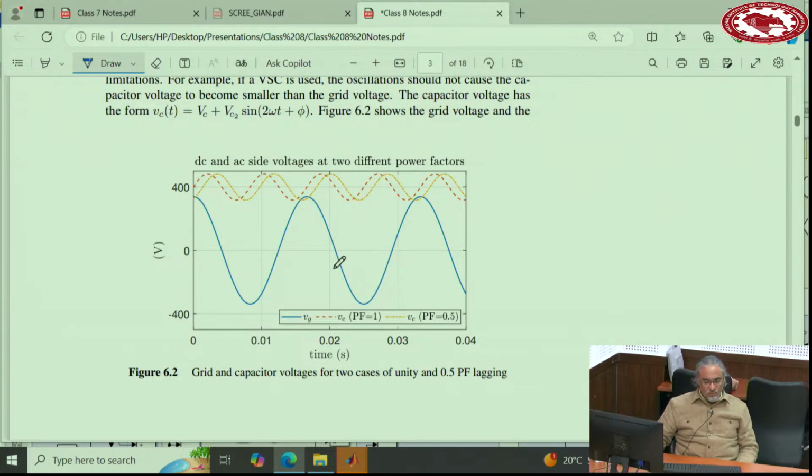Now, one of the requirements, for instance, only looking at the converter, let's say that nobody else cares about this pulsation. Only the converter may care about it, in that this voltage should never become lower than this voltage. Yeah, it's a voltage source converter. So now when you change reactive power, that angle phi starts shifting, without changing the magnitude.